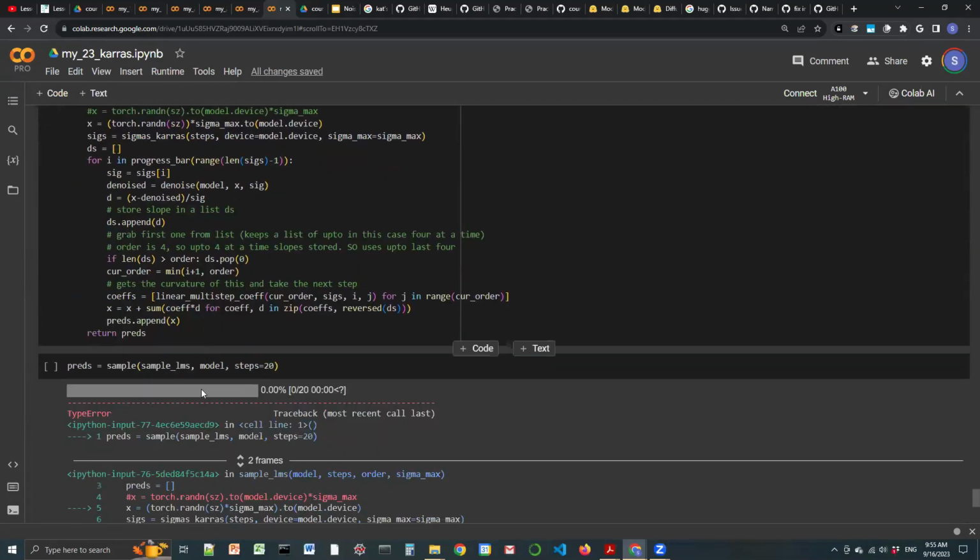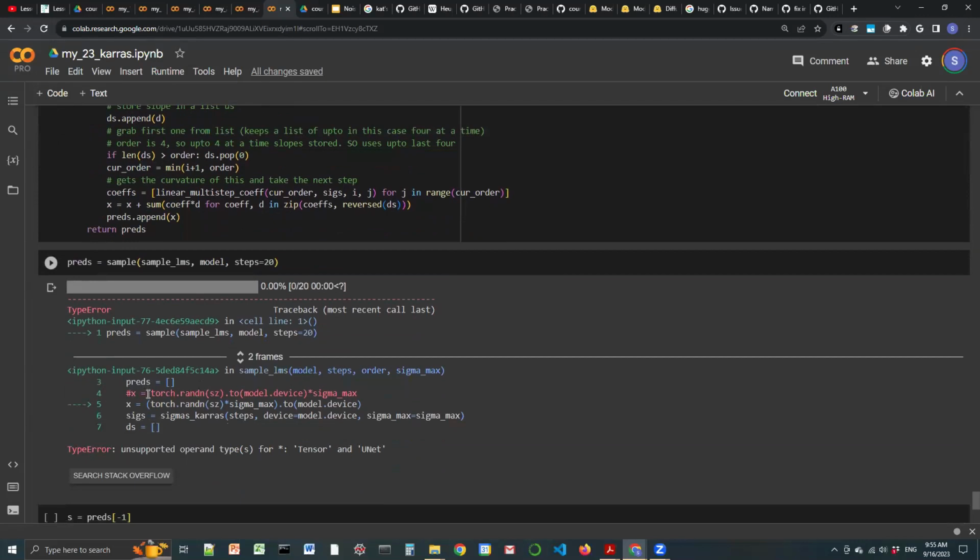Either one gives me this error. Obviously torch random size is a tensor, but why it says that a tensor is being multiplied by a unit, I still haven't debugged that.